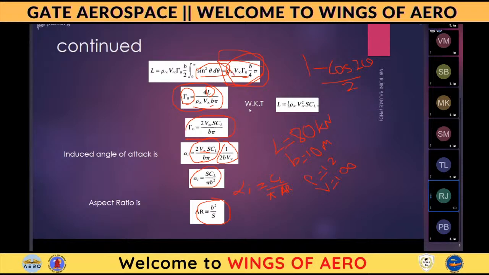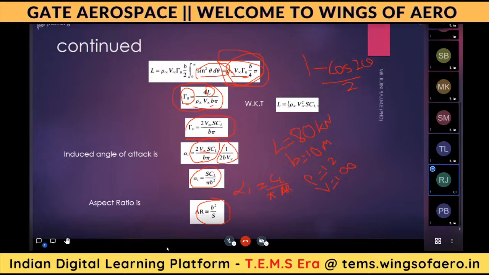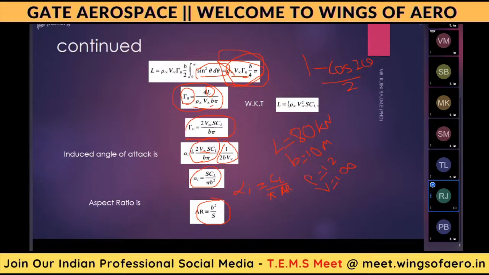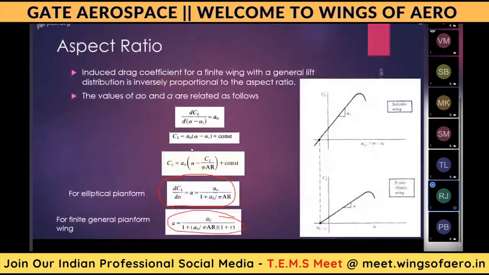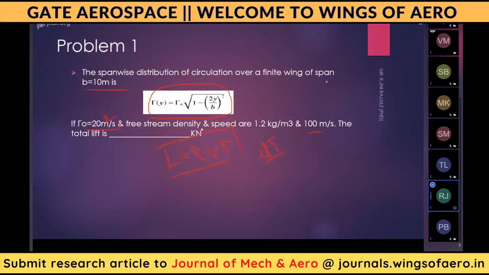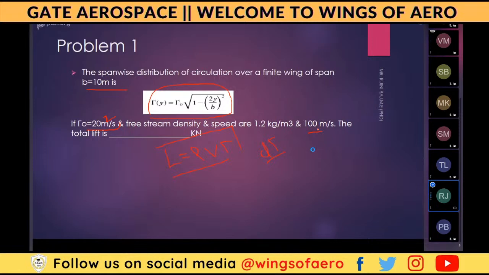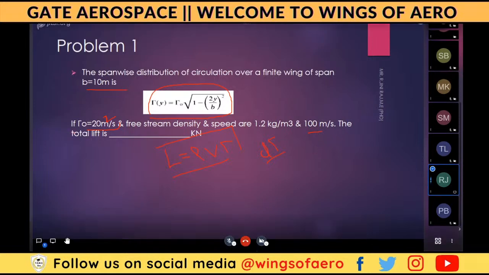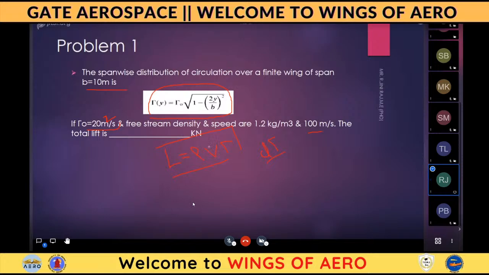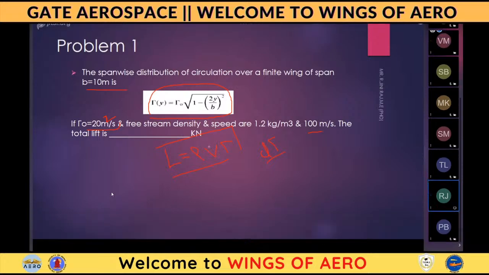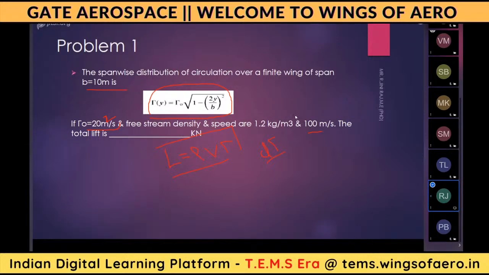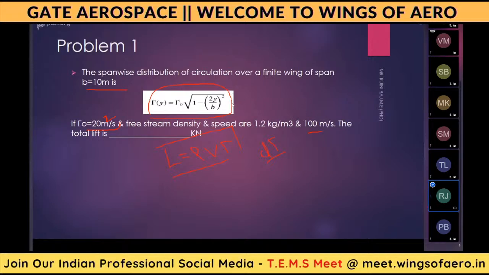So in this formula, you need to substitute the values. We know rho infinity value is 1.2, then v infinity value is 100 meter per second, then gamma naught value is 20 meter square per second, and finally b value is 10 meter, so 10 divided by 4 into pi.